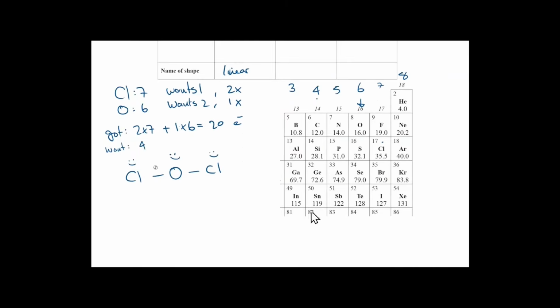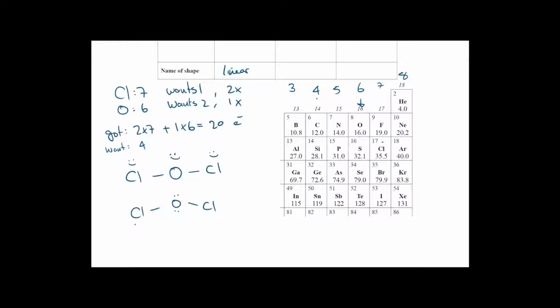Okay. So these are going to be single bonds. So the chlorine and the oxygen and the chlorine. So there's going to be 1, 2, but it's not going to look like that.